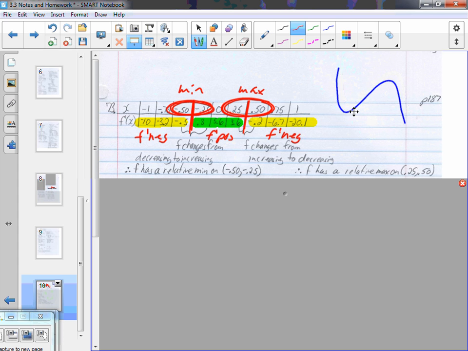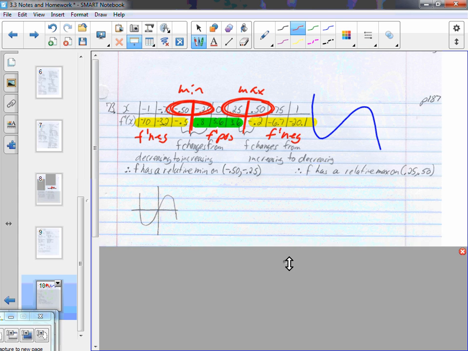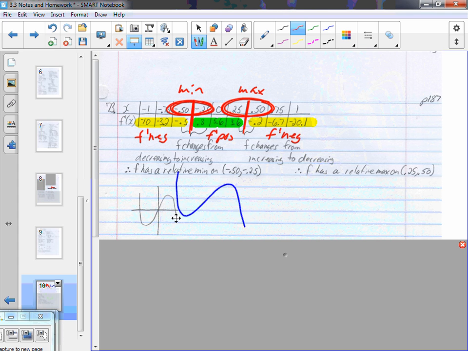All right, hang on. So, just put that on a coordinate plane somewhere. And technically speaking here, right there's my relative minimum. So I need to have negative 0.5 to the left of it, negative 0.25 to the right of it.